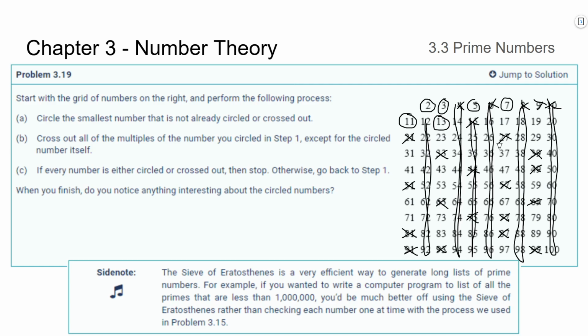So 13, then 26, 39, 52, 65, 78, 91, and then we'd be over 100. 17 is next. 17, and then 34, and then 51 would be next. And then 68.